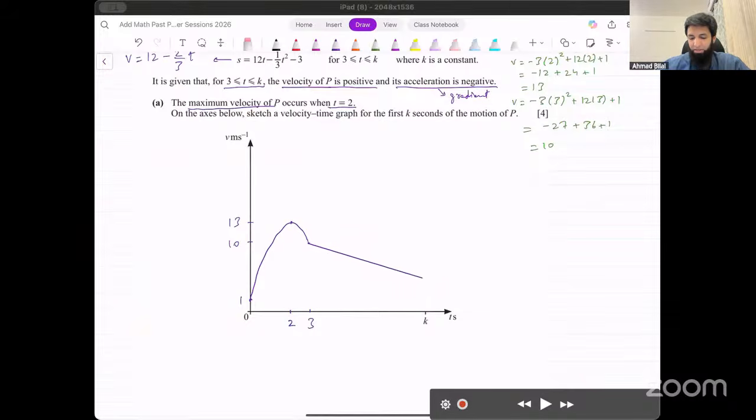We don't know what the actual number is, but we're going to keep it positive. So do not make it touch the x-axis or go below the x-axis. They told us velocity remains positive. So maybe some point above the x-axis here. And that's what the velocity function looks like. The first part is for the quadratic function. The next part is for the linear function. Is that okay?